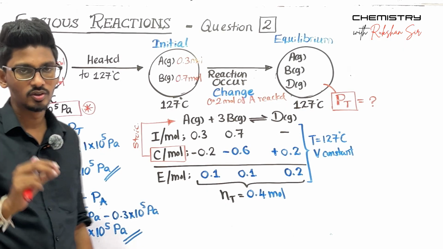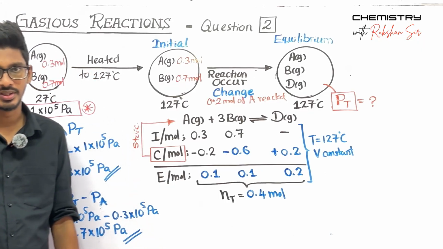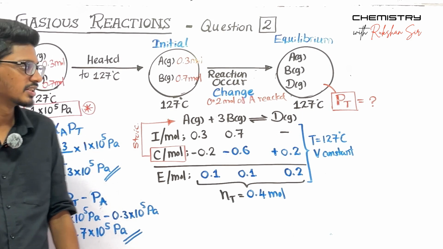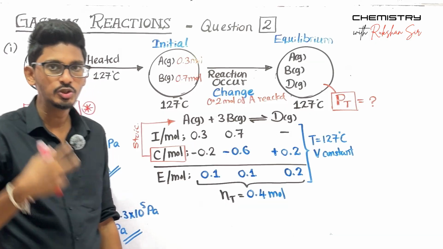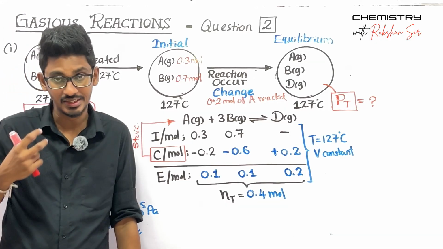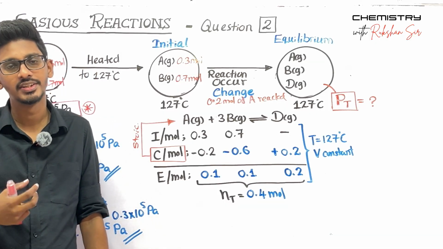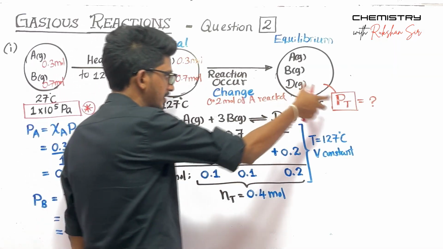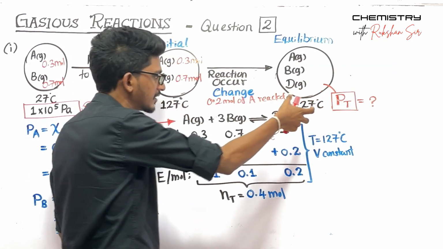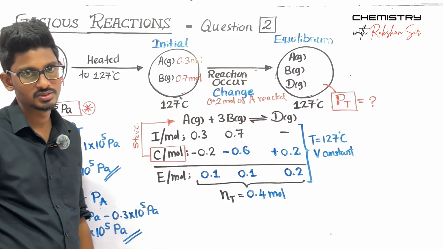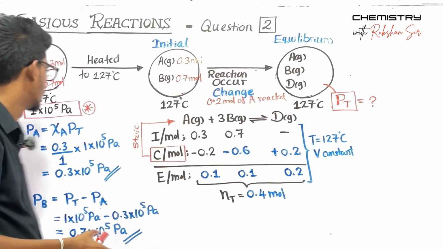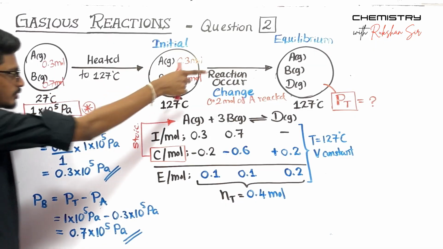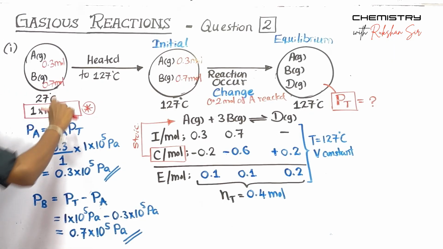The logic here is, if they are asking you for a property, you have to always relate the system you require with a system where you exactly know the required property. If they are asking about pressure, you should relate the system with a system where you exactly know the pressure. If you relate these two systems, definitely you can come up with the pressure.